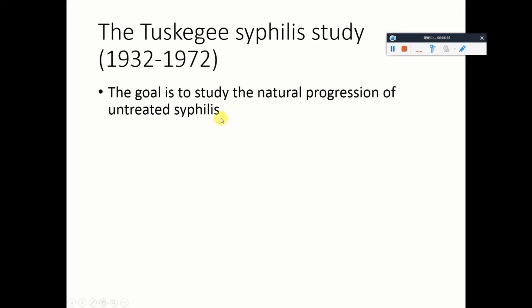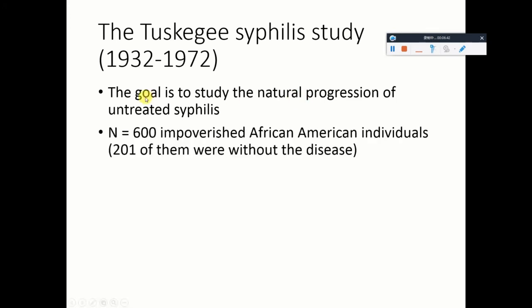Because without knowing the natural progression of any disease, there's absolutely or almost no way of designing drugs to treat that disease. So you might say that this is actually a very good goal of the study, and perhaps for that particular reason, the study was initially approved by the U.S. government. But the issue though is how they conducted the study.